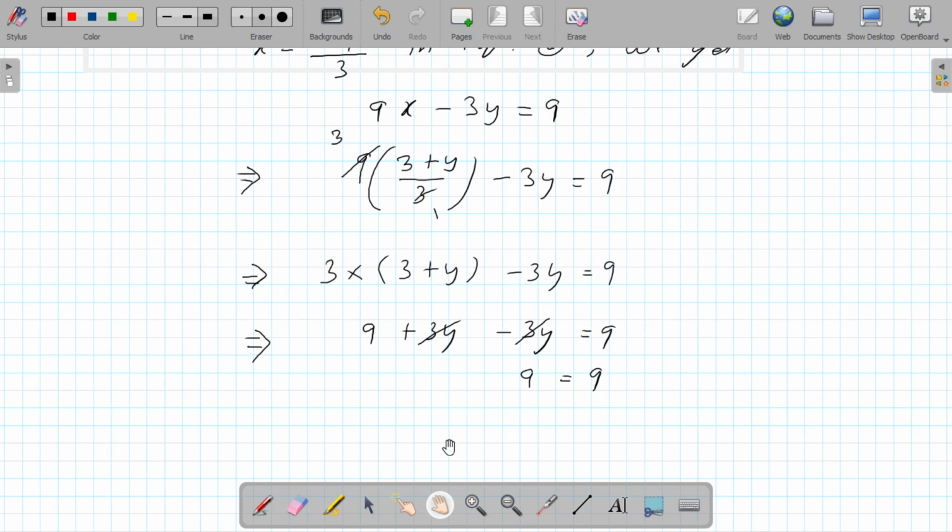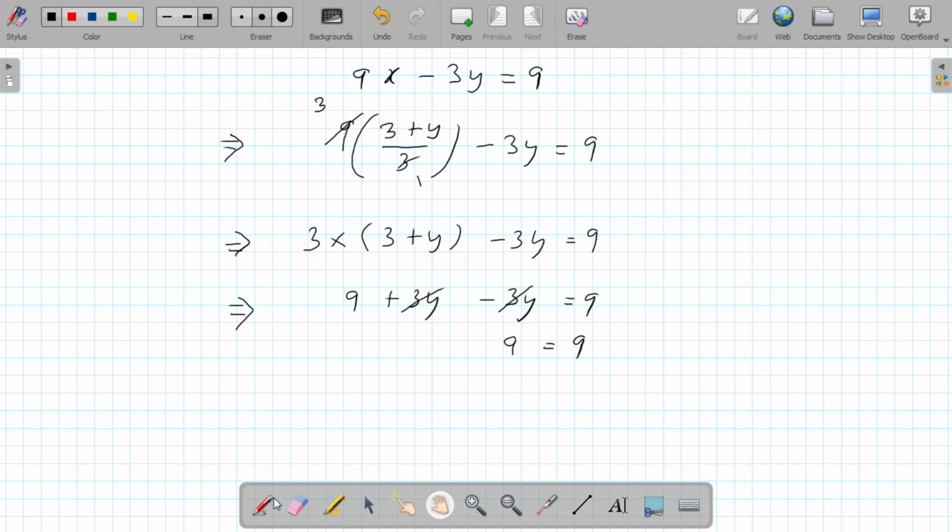That means x and y does not have any certain solution. Does not have any specific solution.